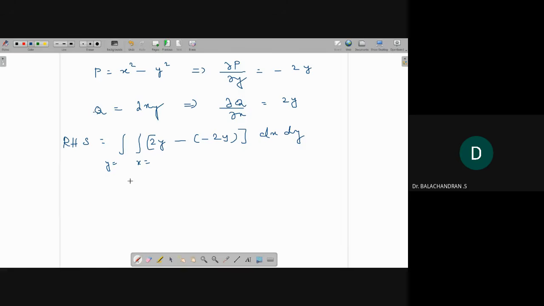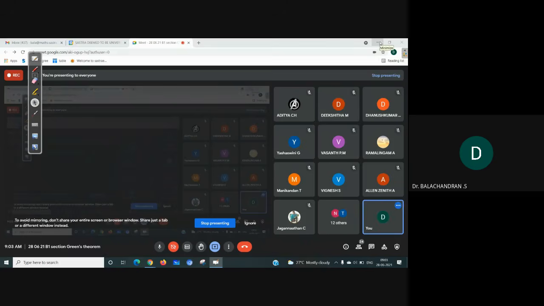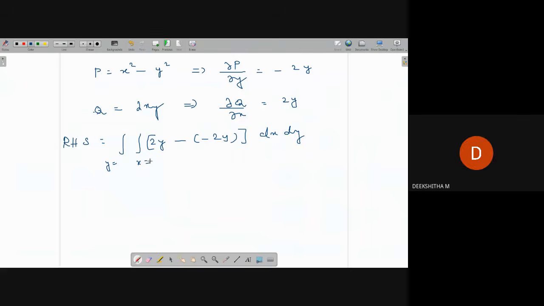So what about the limits for x? Can you tell? X varies from where to where? 0 to a. Yes, correct, Dikshita. What about y? 0 to b.